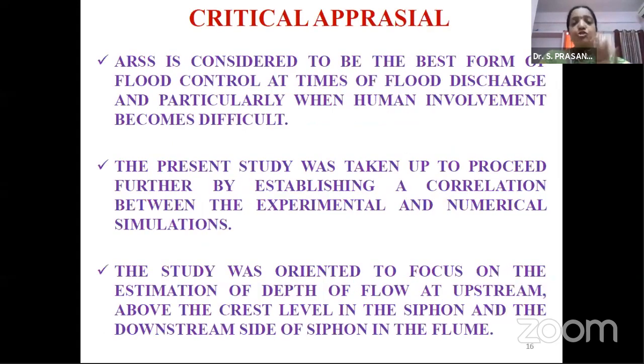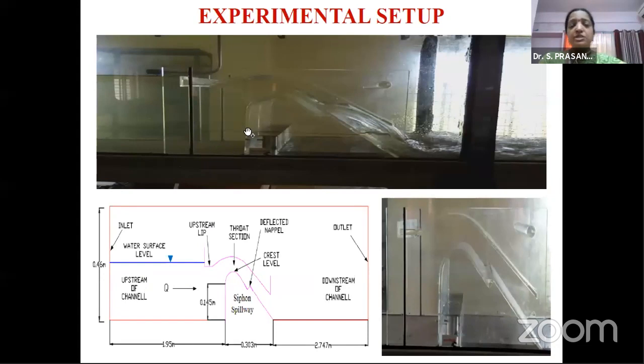So based on this critical review of the papers that we have studied, we have taken this task to focus more on the simulation analysis, and try to tell them that even simulation analysis will help you provide the same sort of results as the experimental analysis. Let us move on. This is the setup where we have conducted the experimental studies.